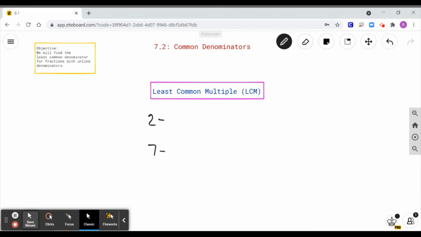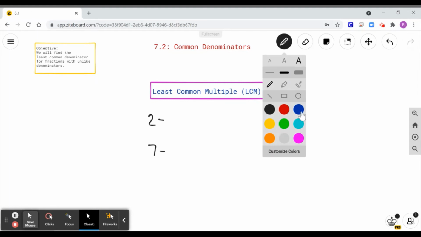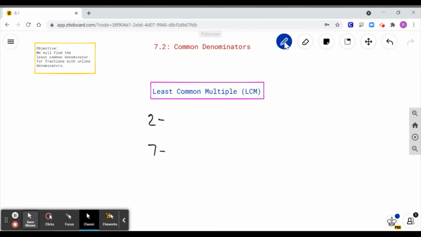So let's start with these two numbers, 2 and 7, and we're going to list out the multiples. So this is what you're going to be doing for your work today. So for 2, I'm just going to think about what my multiples of 2 are. So it's really like counting by 2s, okay? So I always say to start with the first 5 multiples, and if you don't see one that's in common, then you can add some more.